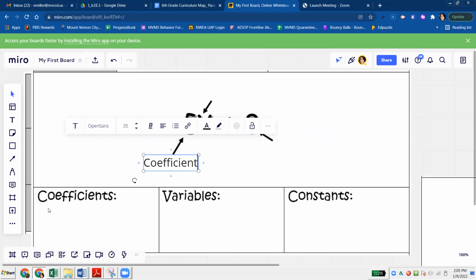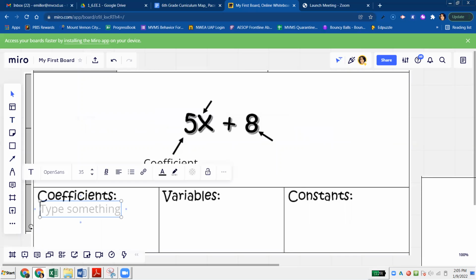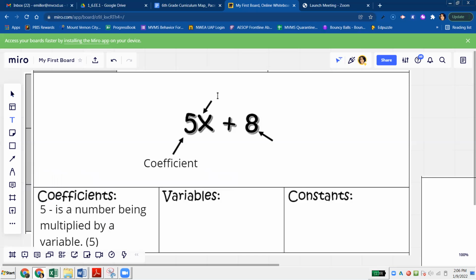The coefficient is a number being multiplied by a variable. So 5 is a coefficient. All right, then if you take a look at x here, x is a variable.